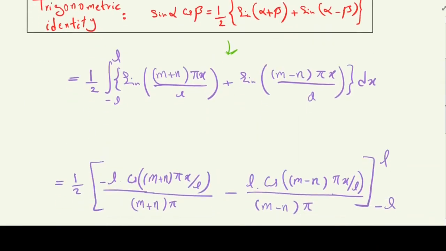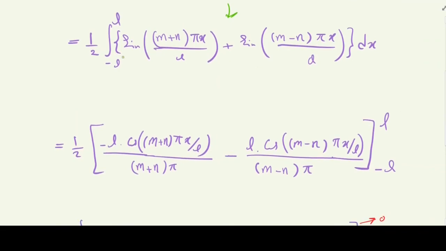So now it's much easier to deal with this integral. What we need to do is to substitute L into this equation. That's going to be the first term minus the same equation with minus L substituted.